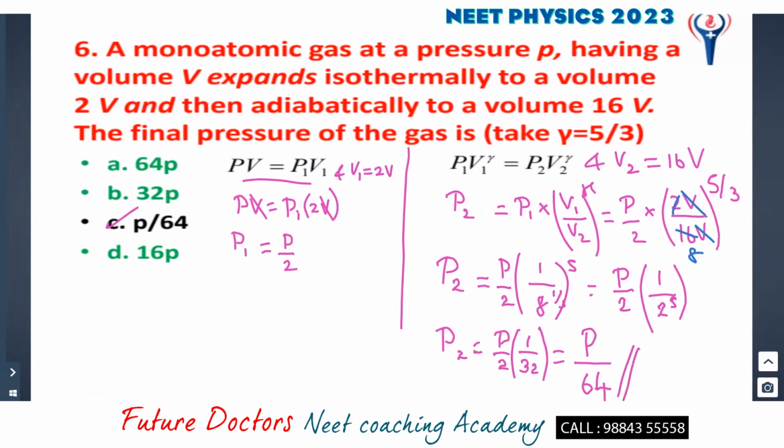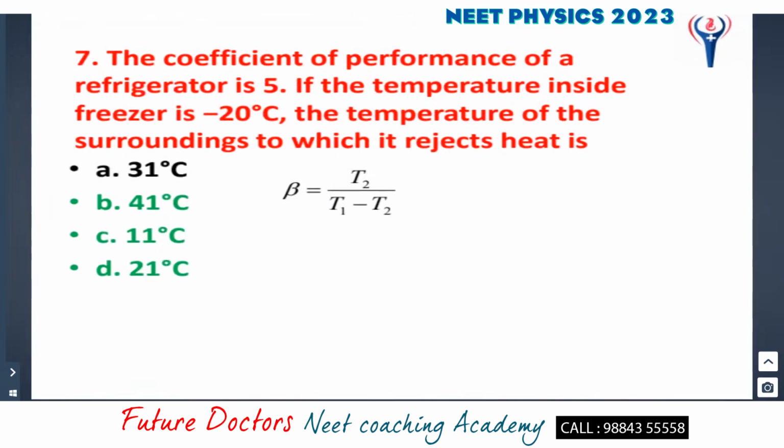Let's move to question number 7. The coefficient of performance of a refrigerator is 5. If the temperature inside the freezer is minus 20 degrees Celsius, then the temperature of the surroundings to which it rejects heat is dash. The formula is coefficient of performance beta equal to T2 by T1 minus T2. Here you want to find T1.